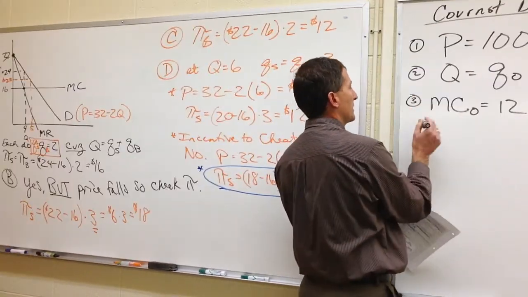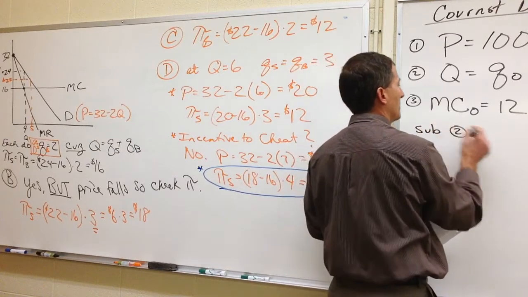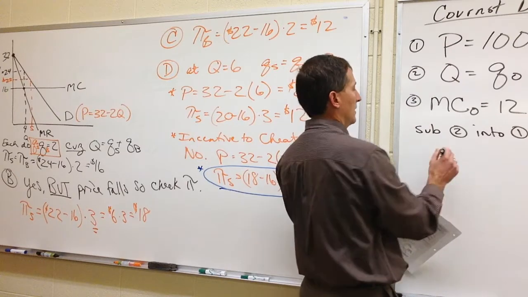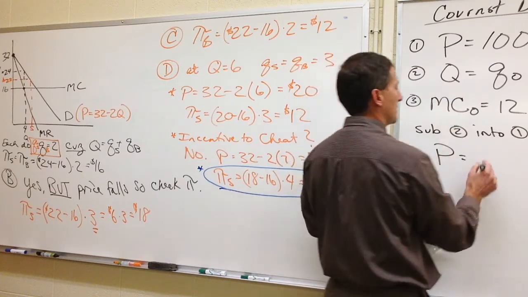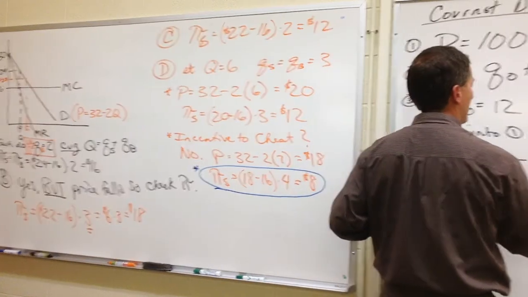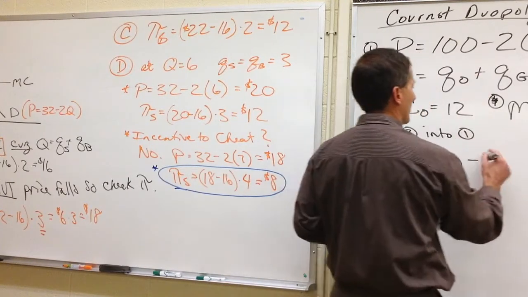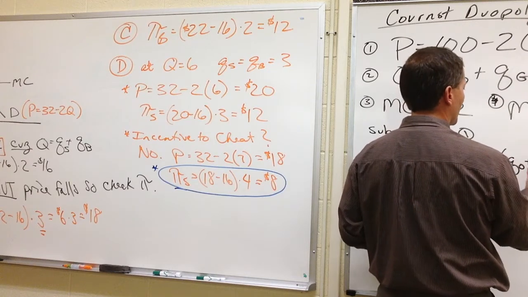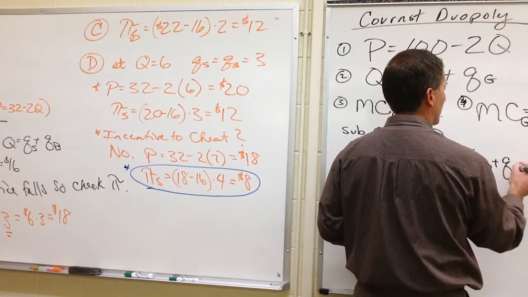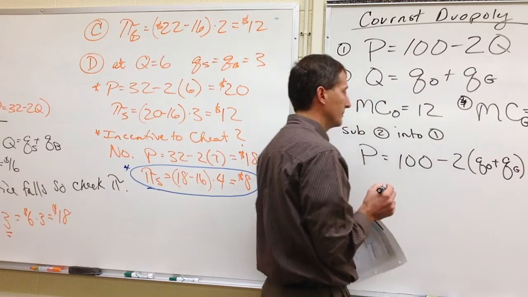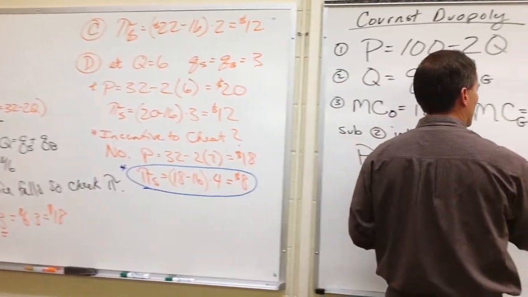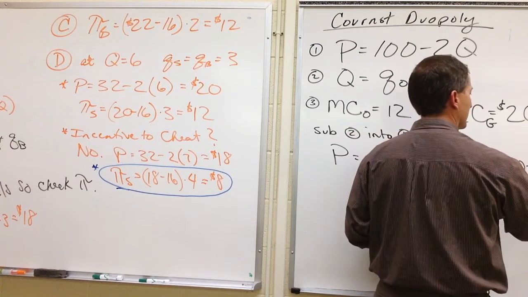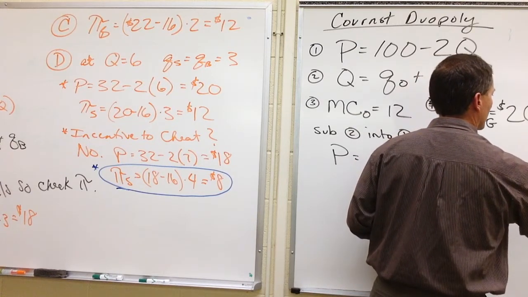Our first step is to sub number 2 into number 1, which gives us price is equal to 100 minus 2 times (QO, the quantity for Oil Pro, plus the quantity for Grease Tech), which equals 100 minus 2QO minus 2QG.